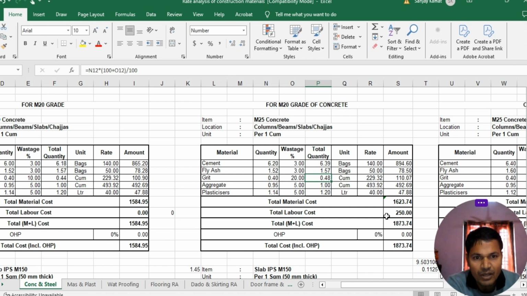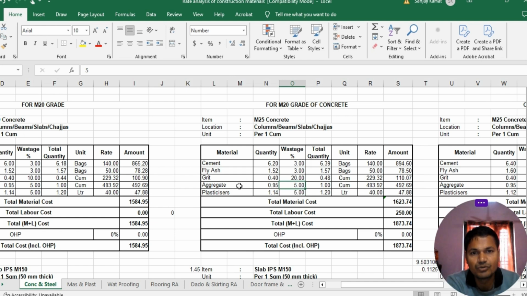Now coming to aggregate. How much quantity do we have to take for the aggregate? We have to take 0.95, and this quantity is nothing but volume. The wastage percentage of the aggregate is 5%.